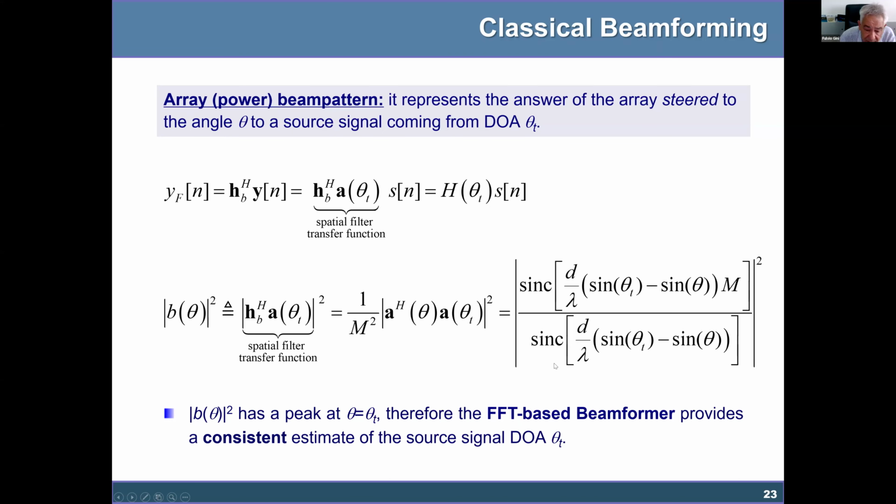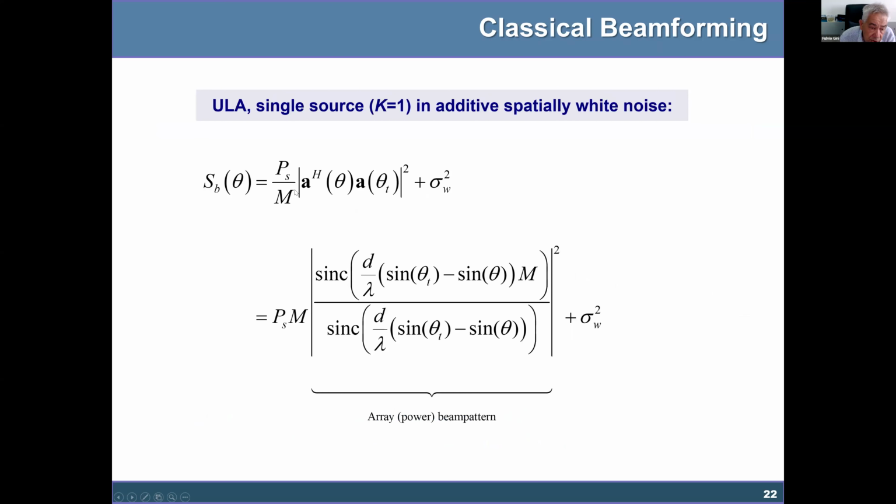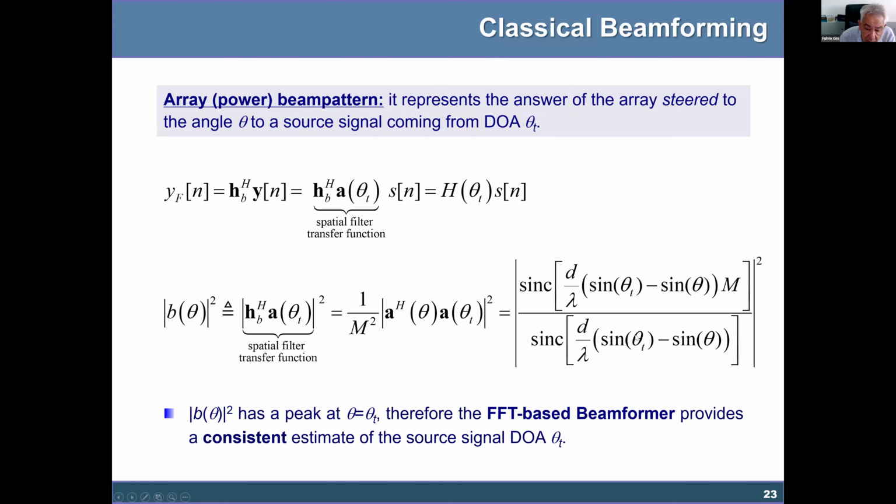And the estimated power spectral density is proportional to the power beam pattern. And this term here has a peak exactly at theta equal to the directional arrival of the signal. And so the estimate, which is the position of the peak, when n tends to infinity, coincides exactly with the true value theta t.